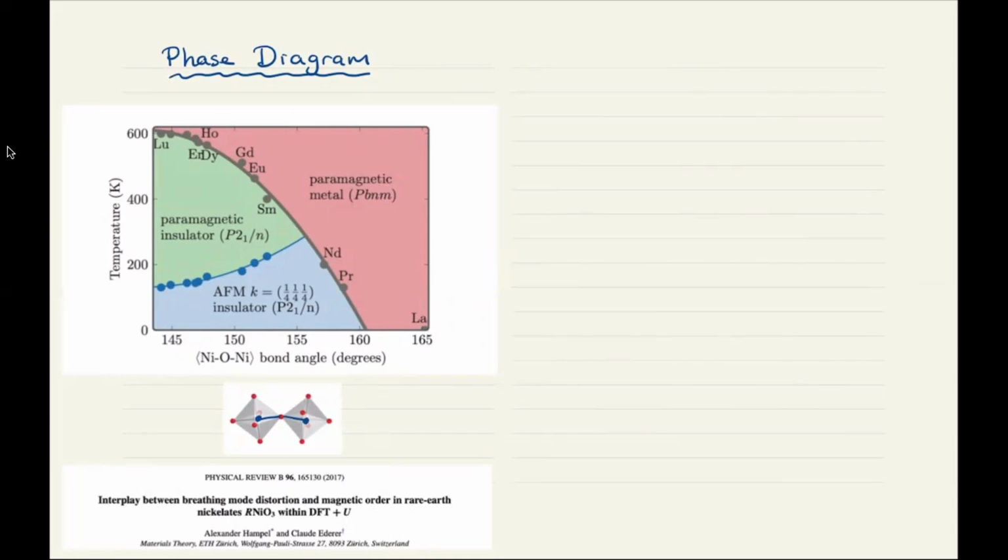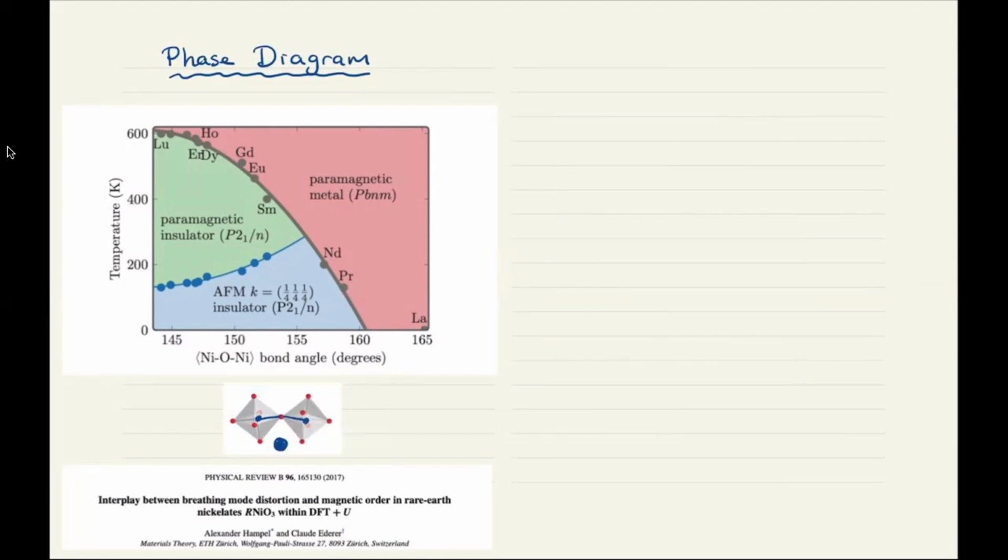If the rare earth ion, which sits in the perovskite structure, were extremely large, it would take up a lot of space, and these nickel-oxygen-nickel bond angles would be 180 degrees.